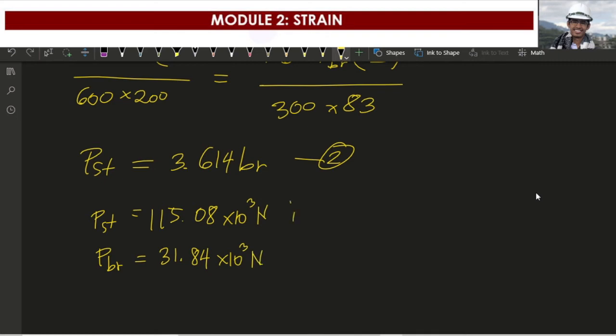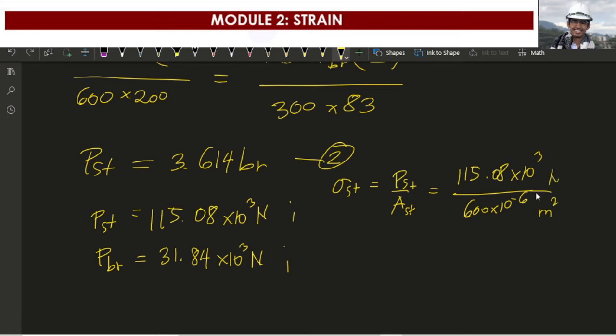Okay? So makukuha na natin yung stress in each material. So for stress ng steel, that will be equal to force over area ng steel. So that's equal to 115.08 times 10 raised to 3 over 600 times 10 raised to negative 6 para maging meter siya, no? Square meter, and ito is magiging Newton.